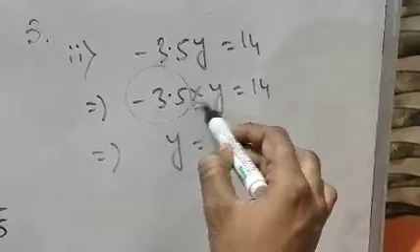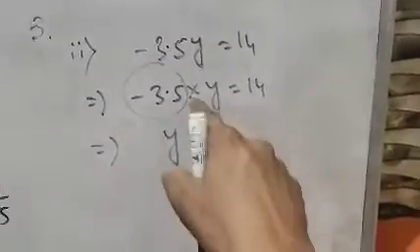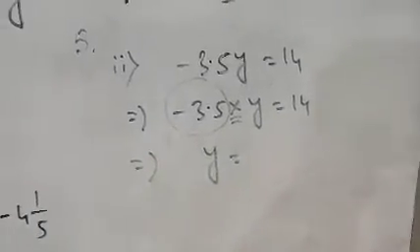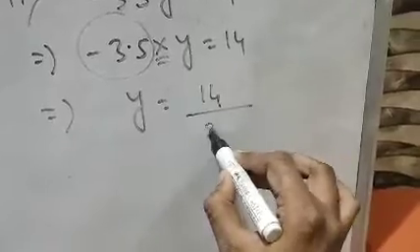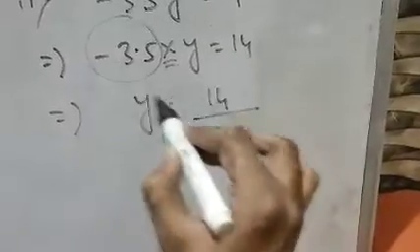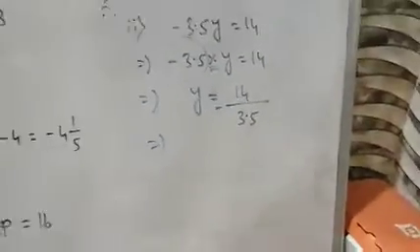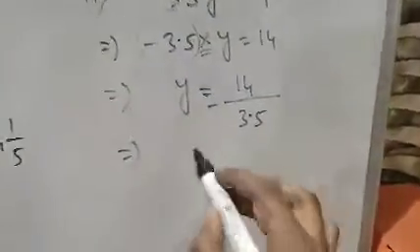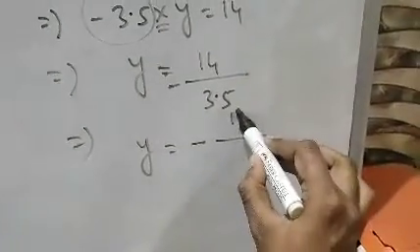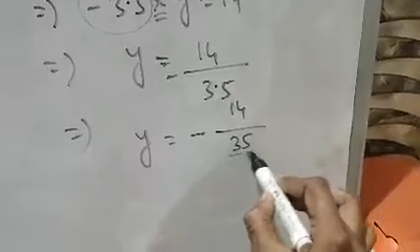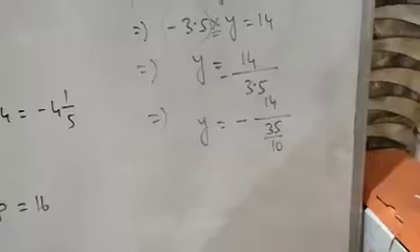As there is a multiplication sign, when you transfer, this multiplication sign will be reversed. That means the sign will be division. So 14 divided by 3.5, and there is a minus sign, so minus sign will be there. Division means it will be in the denominator. Now if you simplify further, it will be 14 into 10 by 35, because we omit this decimal point.